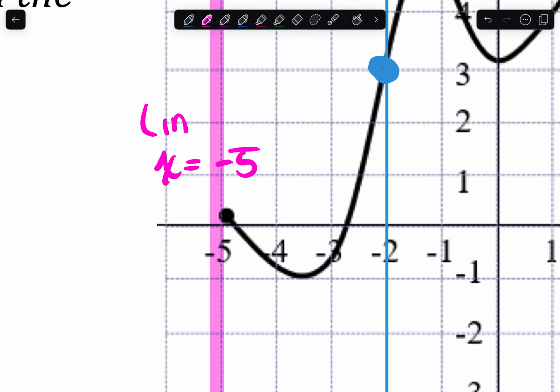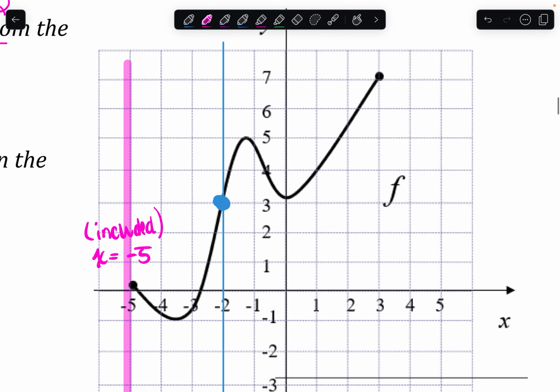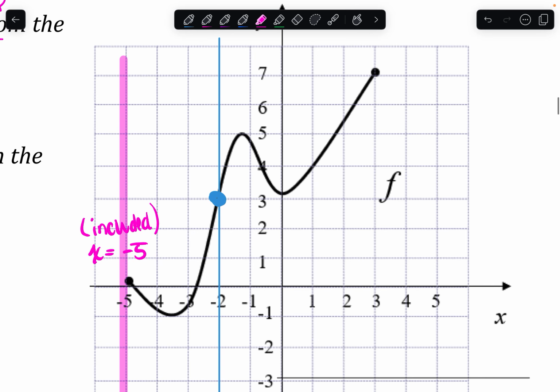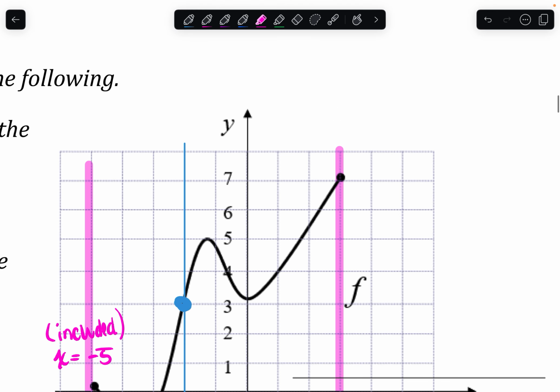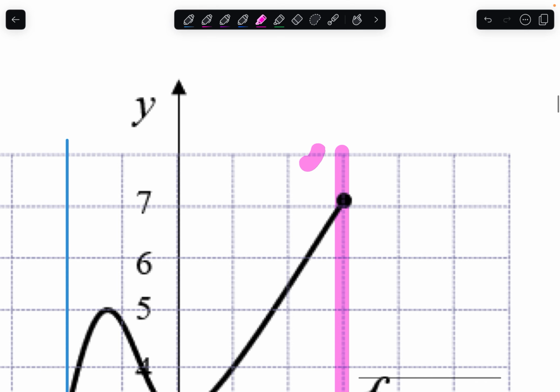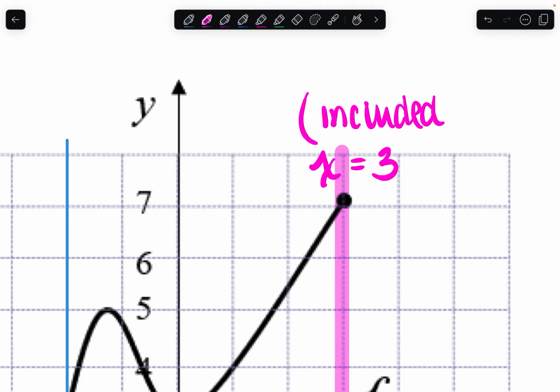And it is included because it's a closed circle. We hit everything in between, so all the way up. And then I'm going to the biggest x value our graph hits, or where it stops here. Put a gap in there, which is at 3. So we also go to x equals 3. That's a highlighter. And it is also included because we have a closed circle.